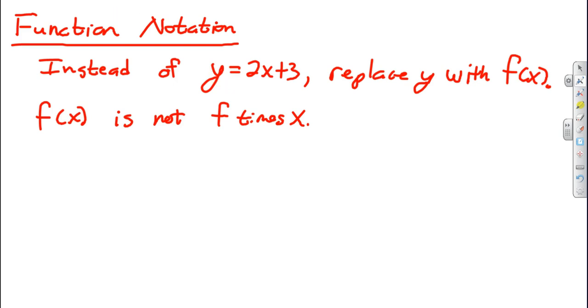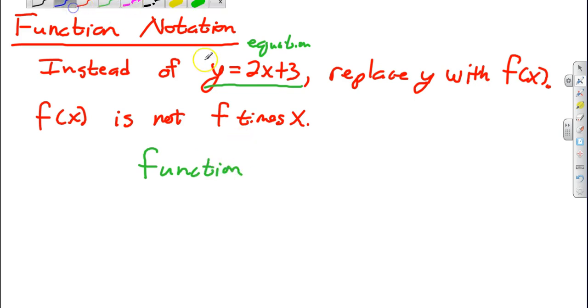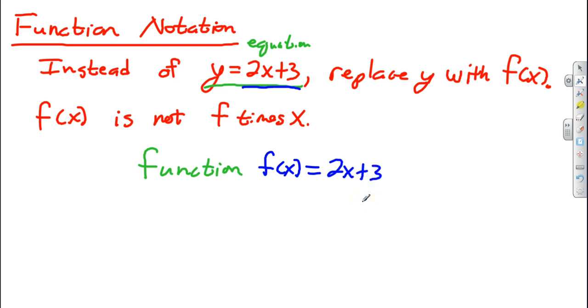Where this is an equation, y equals 2x plus 3, when you have a function, all we're going to do is take the y out and replace it with f of x. And then this side over here, the 2x plus 3, stays exactly the same. So all you're doing is changing that left-hand side where you have the y equals and replacing that y with the f of x.